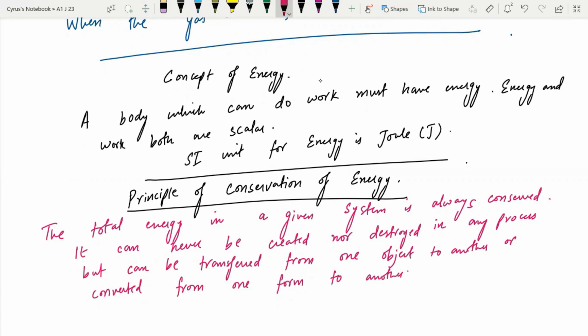However, the total amount remains the same.